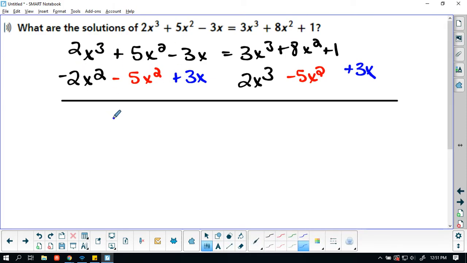So this whole side became 0. And this side is 3 minus 2, which is going to be x cubed. Again, combining my like terms, 8 minus 5 is going to be 3. Looking at my degrees, counting down, the next one I'm going to take is this plus 3x. And then the plus 1.